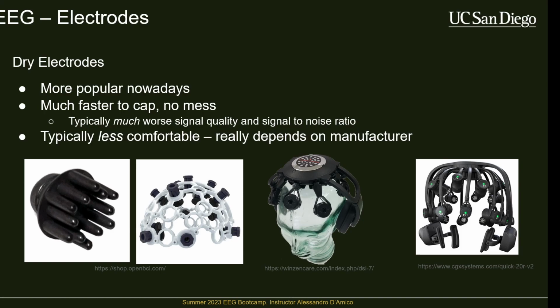It stabilizes the inner one, which also disperses the surface area, making them more comfortable. But it also acts as a sort of electrical shielding for the inner electrodes. It's a really clever design. I haven't seen anybody else copy it. They probably patented it or something. So the DSI 7 is somewhat comfortable.